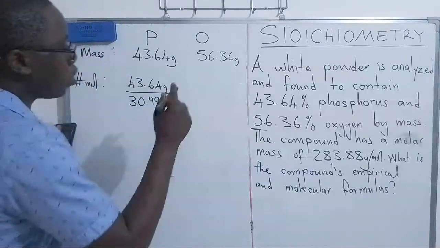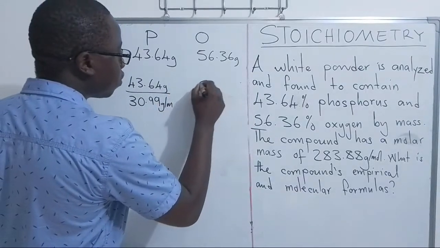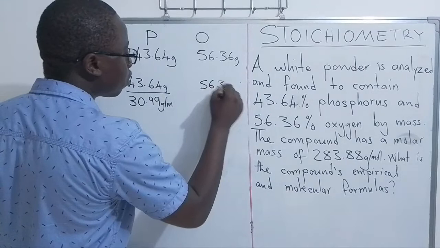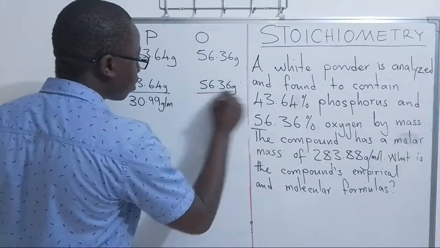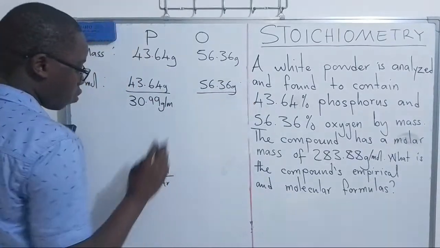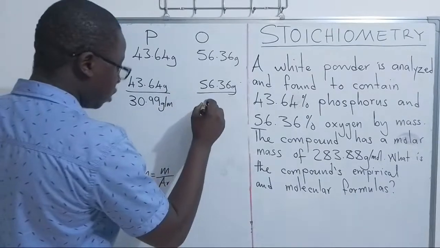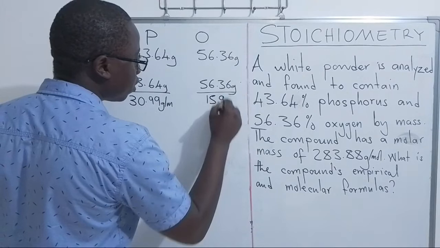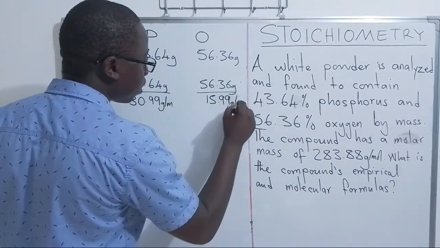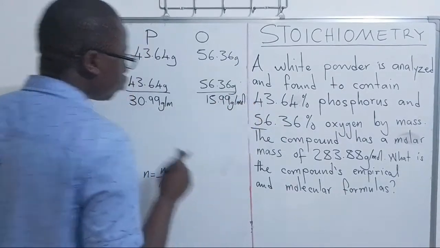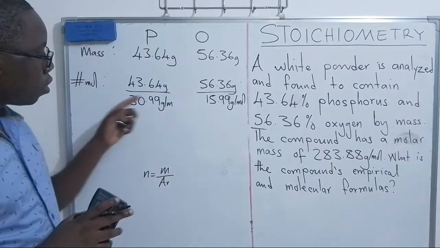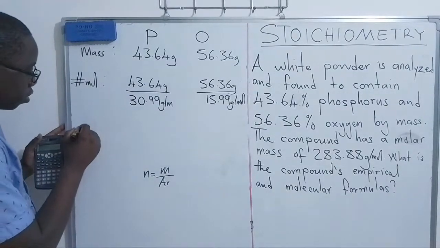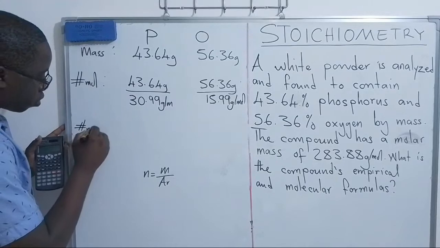For oxygen, 56.36 grams, and the atomic mass of oxygen is 15.99 grams per mole.